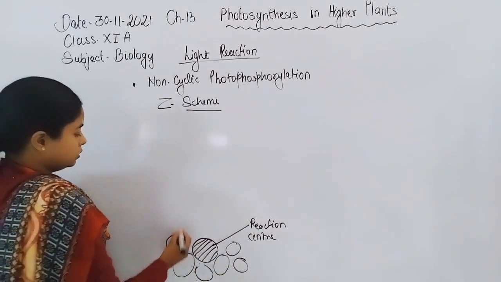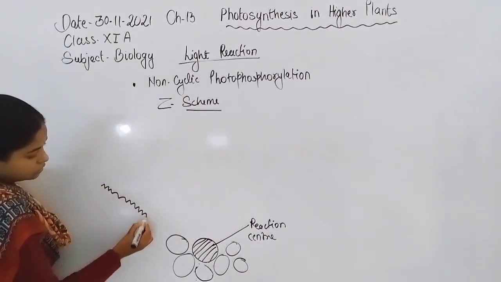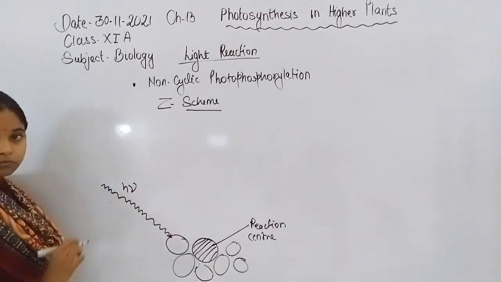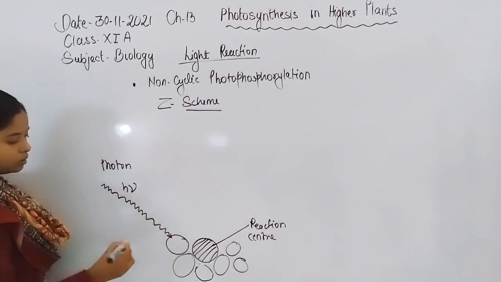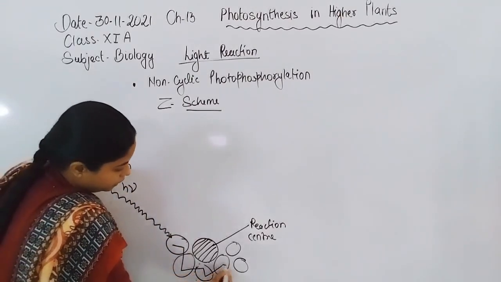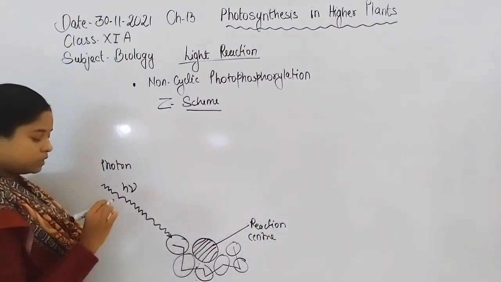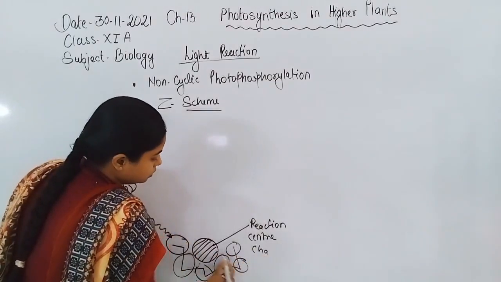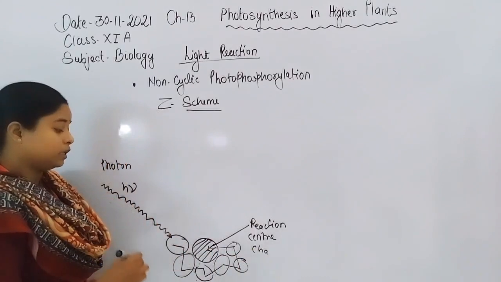Now, when light strikes the light harvesting complex, the photon's energy is transferred via different photosynthetic pigments surrounding the reaction center, and finally transmitted to chlorophyll A.